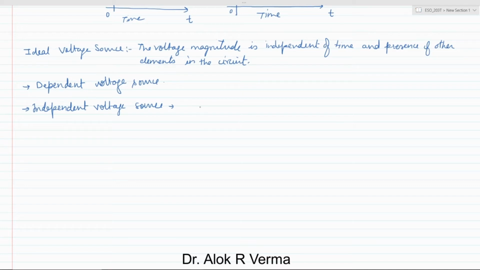And the important part is the representation. It is represented in the circuit as either this way, or this way. This is normally for the battery, and this is also for the constant DC source, and this is the polarity.